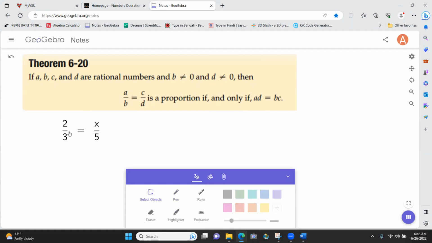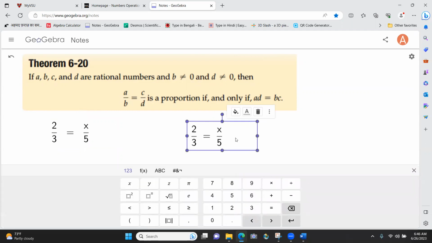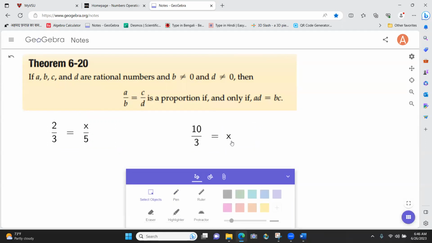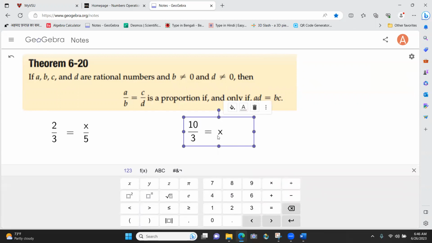So you really will see these problems when we are asked to solve for x. I'm going to multiply both sides by 5. And if I do so, this 5 will cancel. I'm going to be left with x. I'm going to multiply 5 times 2 is 10. This is what I'm going to have. Okay. Now I'm going to multiply both sides by 3. If I multiply both sides by 3, I'm going to get a 10 here by itself, and I'll get 3x.